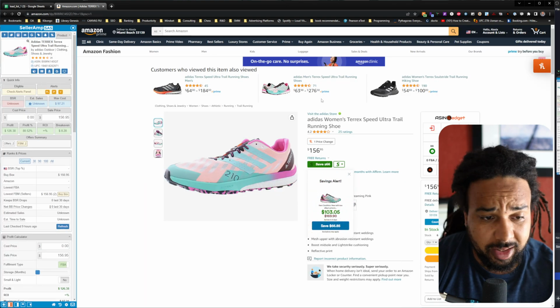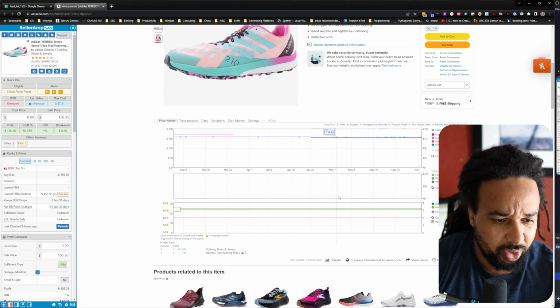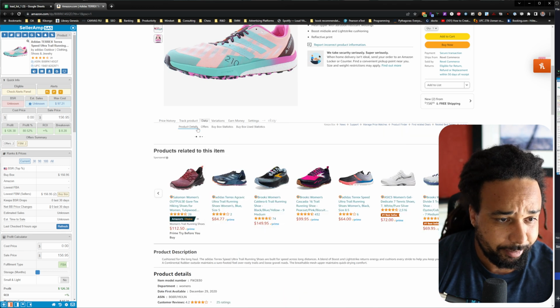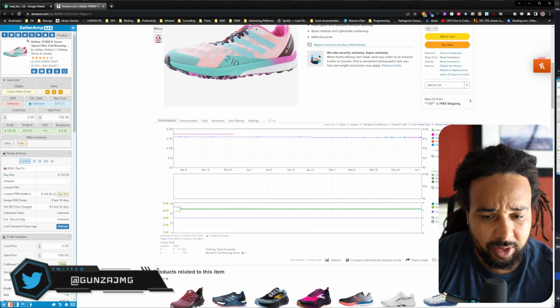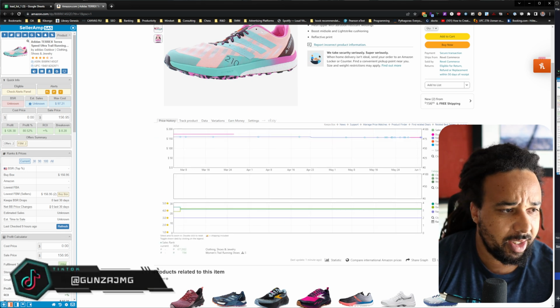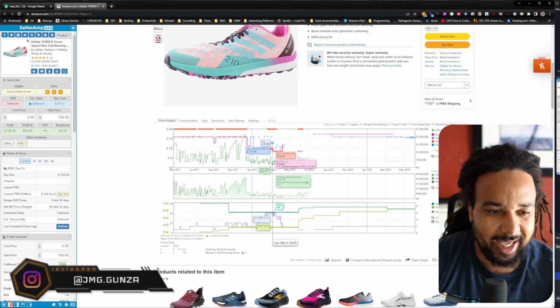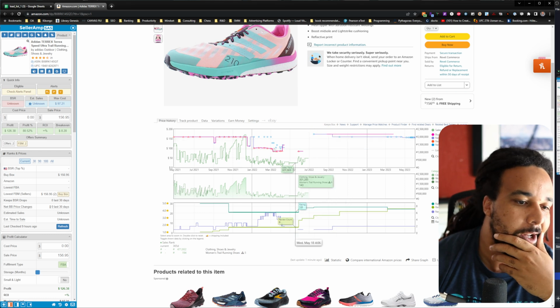So just by looking at this color, I'm pretty sure that it's not selling. It used to be at 173, and yeah, it's going to be the same thing. I'm pretty sure. There's no BSR already. If we look at this in the past, at best it was at 250,000 on average.